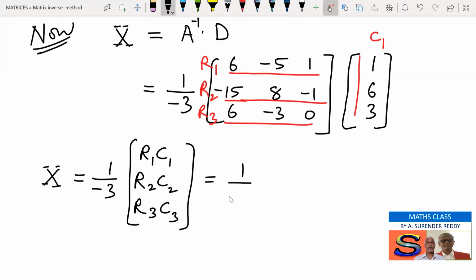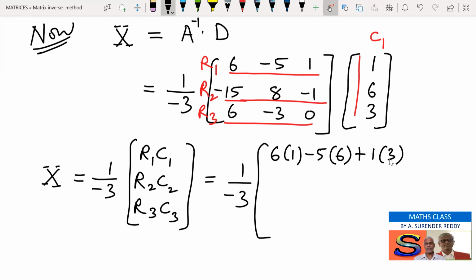So here 1 by minus 3. Take first row and column: 6 into 1, minus 5 into 6, second element into second element, 1 into 3, third element into third element. This is the row into column multiplication.